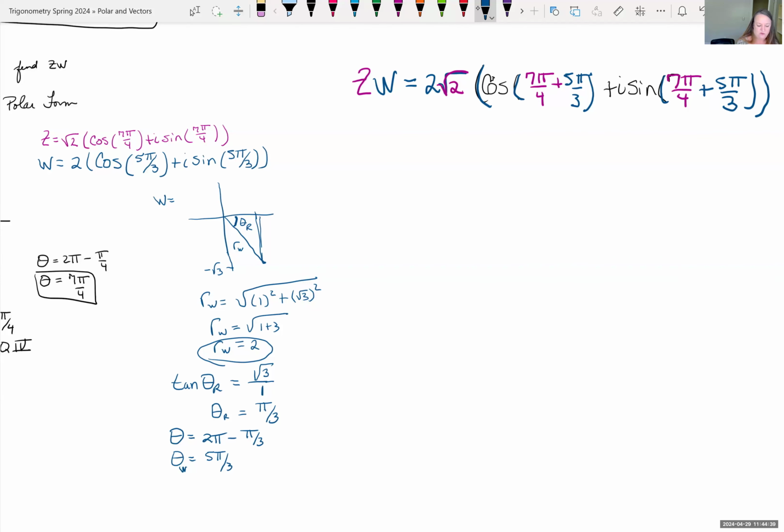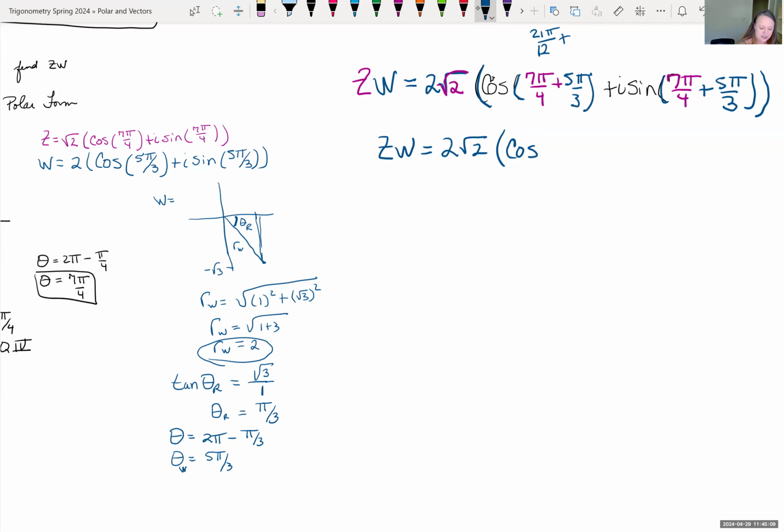Okay, so now all we have to do, and we're almost done, is add our angles. So we have z times w is 2 root 2 cosine, getting a common denominator. That would be 12. I'm going to multiply the first fraction by 3 over 3 and the second one by 4 over 4.